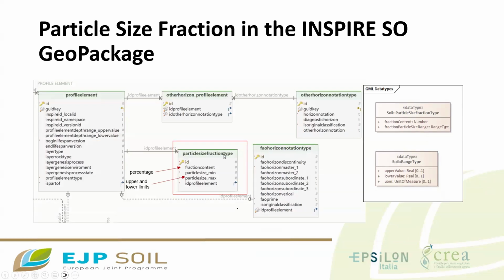This is a separate table in the Geopackage, because we need to handle the multiplicity: to a single profile element, the horizon or the layer, different fraction types belong. Clearly this table is connected to the profile element through the ID of the profile element. There is a foreign key to the profile element table.